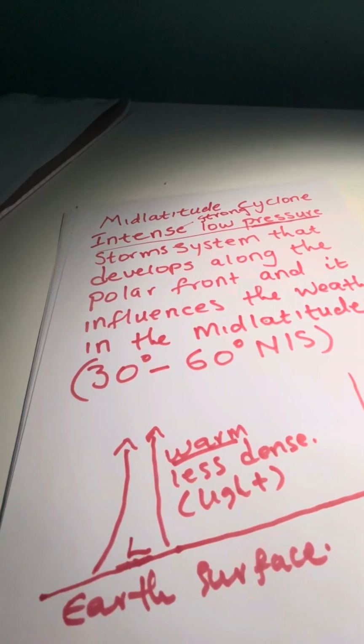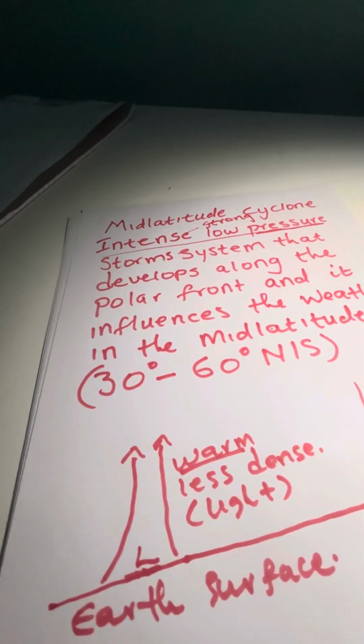Okay, so on your synoptic weather map, you will find isobars. You will check for me what isobars are, or how isobars look on a synoptic weather map.